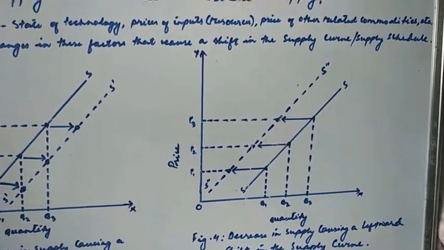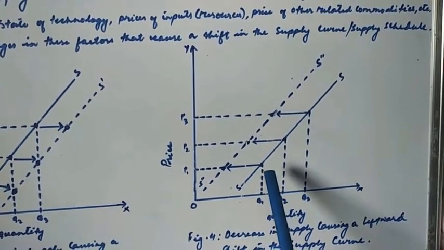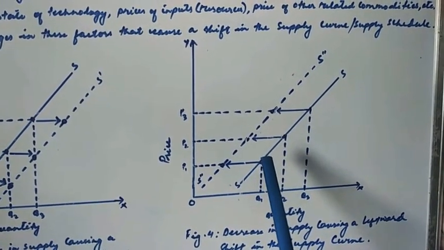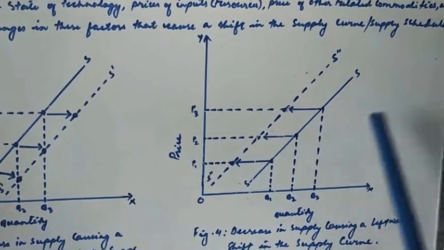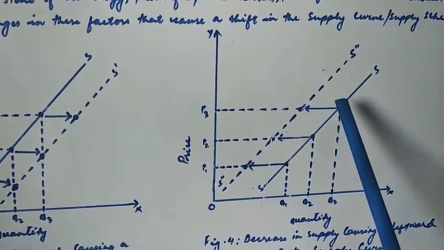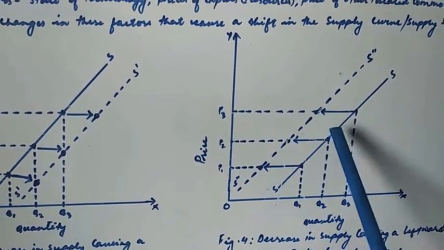So when there is an increase in the prices of a factor or input, the quantity supplied at its price will reduce. That is the first reason for the supply curve shifting towards the left.